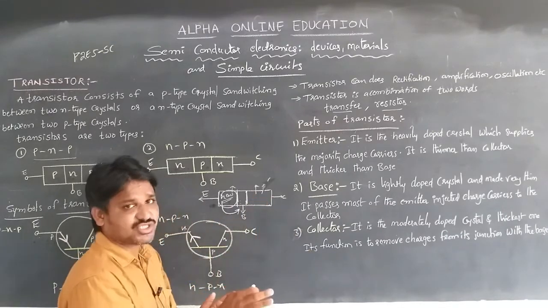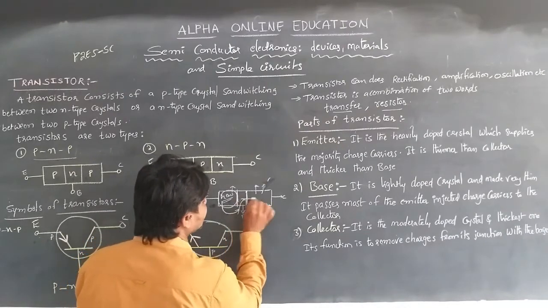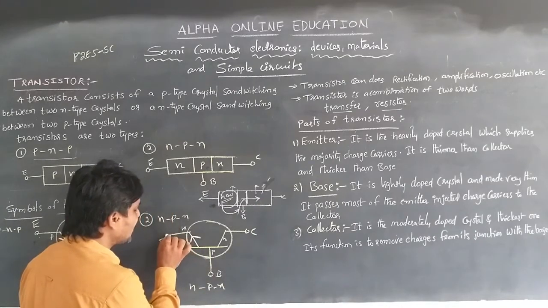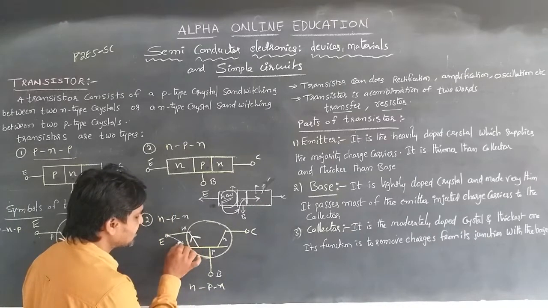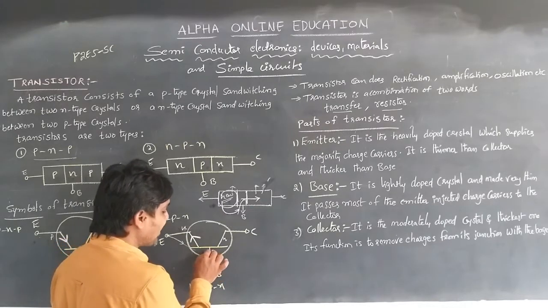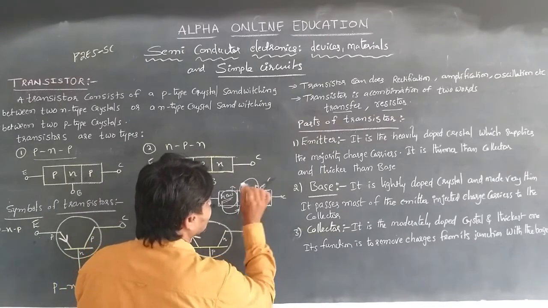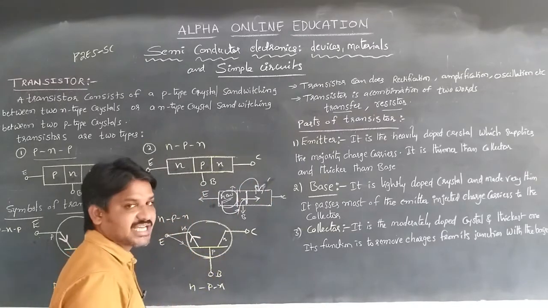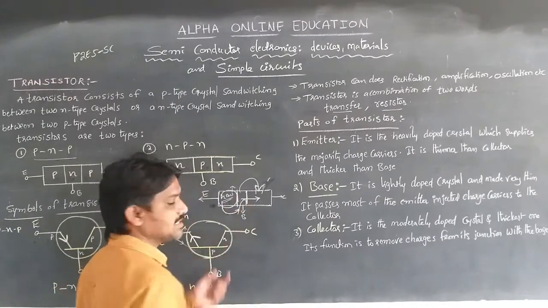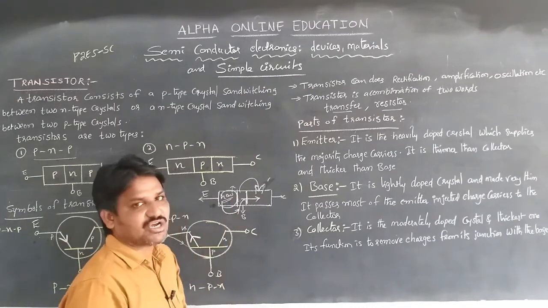Most of the majority charge carriers pass towards the collector. When the emitter emits the majority charge carriers and sends them to the base, the base passes the total majority carriers into the collector. That is the function of a base.